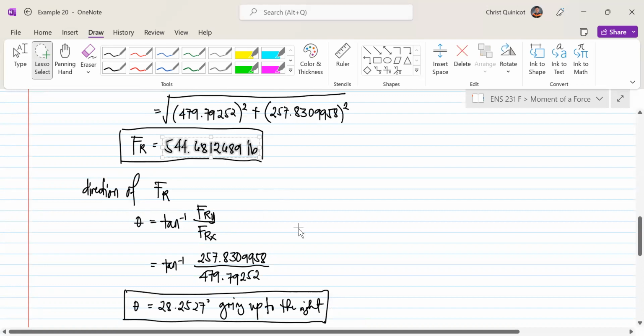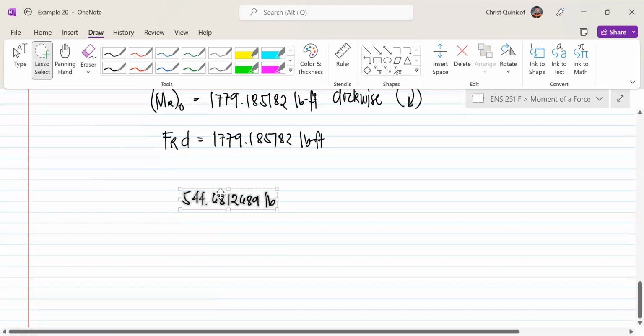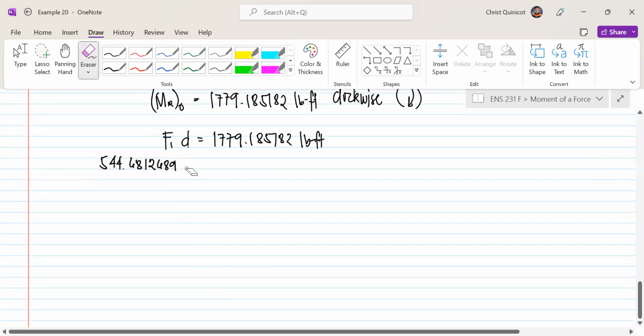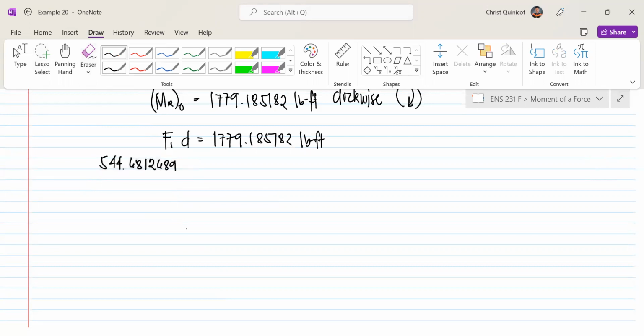So we substitute our value for our resultant. Let me delete the pound. Okay. So this is F sub R times D is equal to 1,779.185182 pound feet.